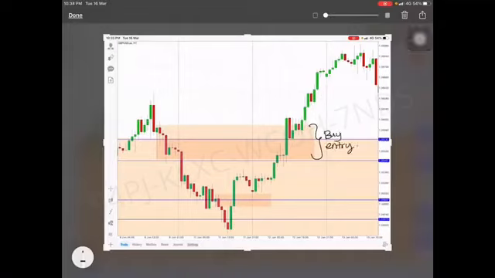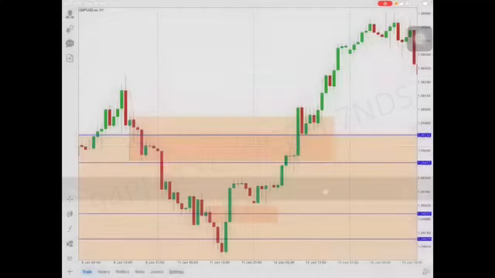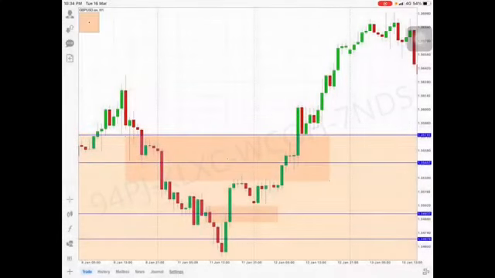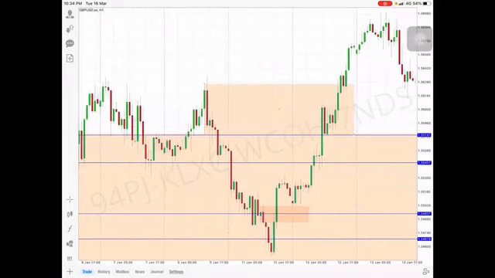Okay, is that clear to you? Nice. Okay, what if you missed this zone? You can also see that if it makes another engulfing, it's going to come back to that zone. See?